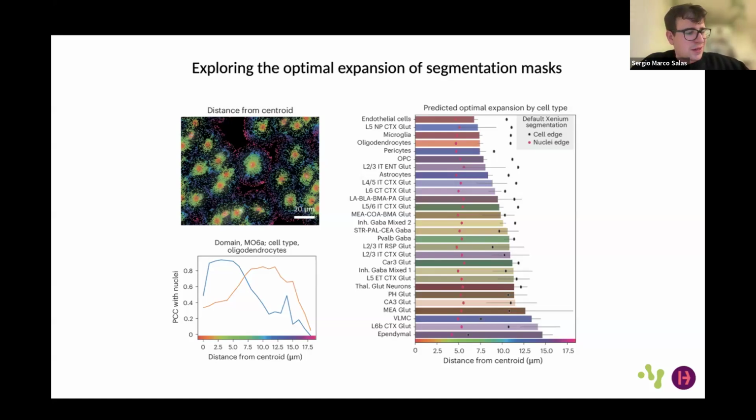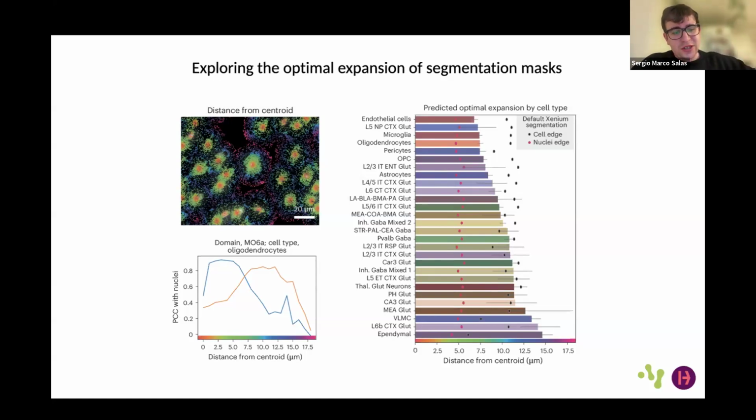We know that there are some caveats to this, such as the subcellular organization of transcripts, but it was a good enough starting point. For every molecular profile at certain distances, we computed the correlation to both the nuclei expression signature and the background, which you have in blue and orange, respectively, in the bottom left plot.